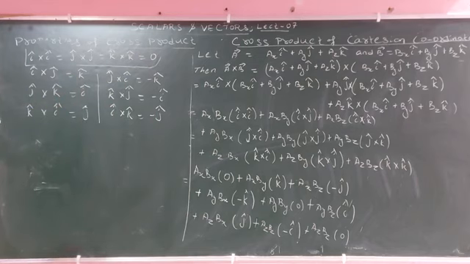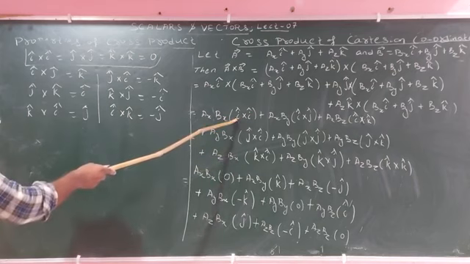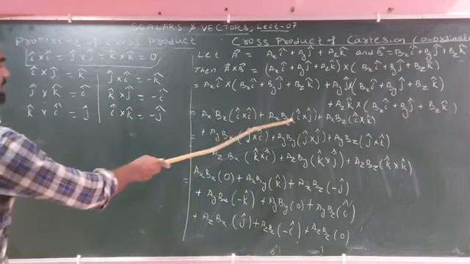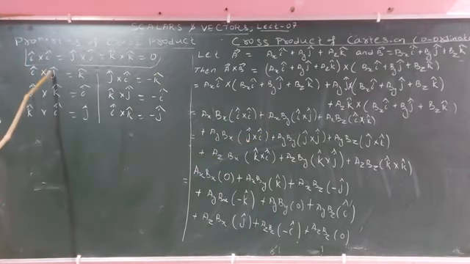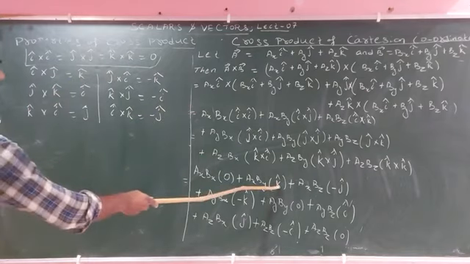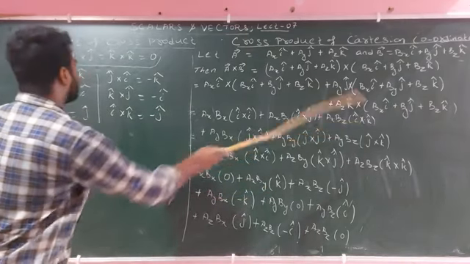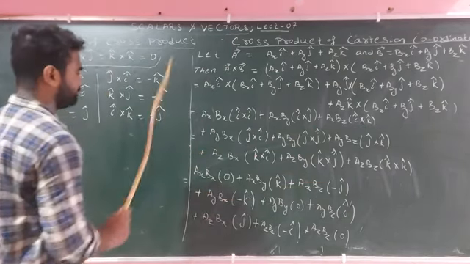But for different unit vectors, the orthogonal properties are maintained. Here ax bx, i cap cross i cap will be 0. ax by, i cap cross j cap will be k cap. ax bz, i cap cross k cap is minus j cap.